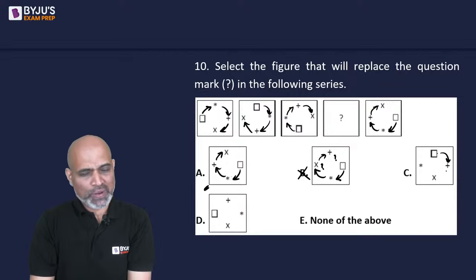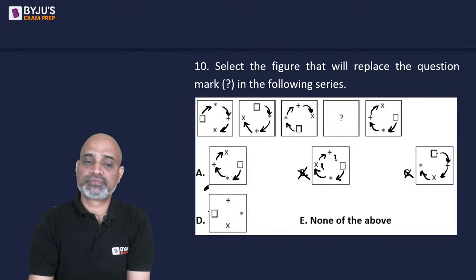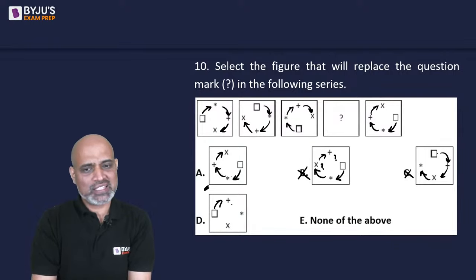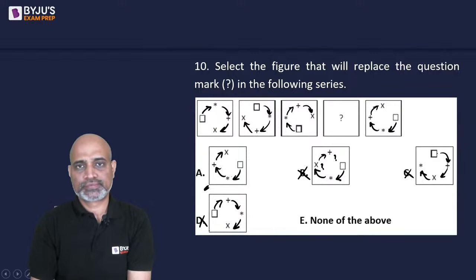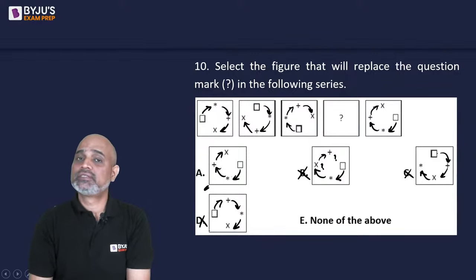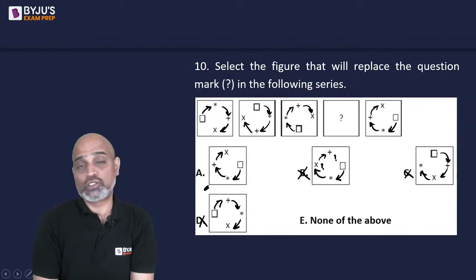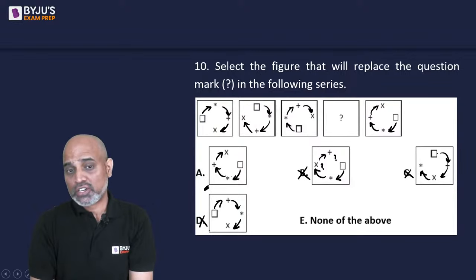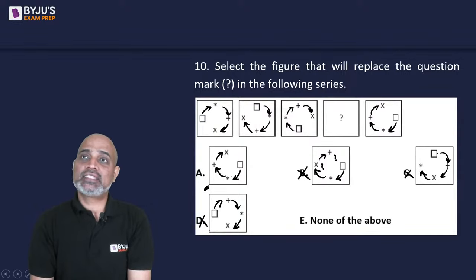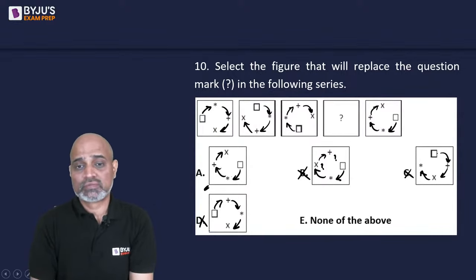Square, plus, multiplication, asterisk, sequence breaks. Square, plus, asterisk, multiplication, sequence breaks. Right? सबसे पहले चीज तो ये हो गई कि sequence break कर रहा है. So the answer is either A or the answer is E. Now, question arises, which one is the answer? Right?